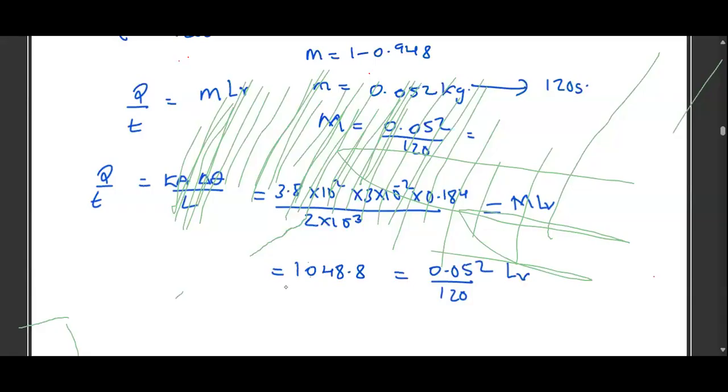I am coming up with our L V as 2.42 times 10 power 6 joules per kilogram. This is going to be the specific latent heat of vaporization of water. That is going to be the value that we have come up with.